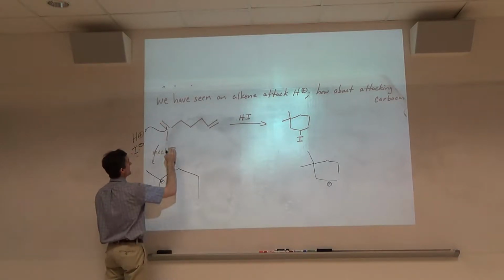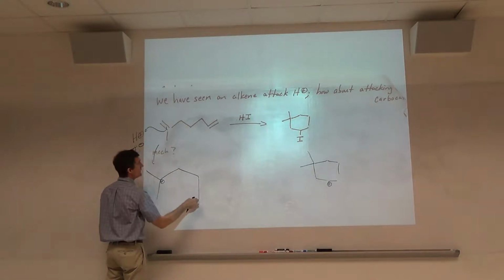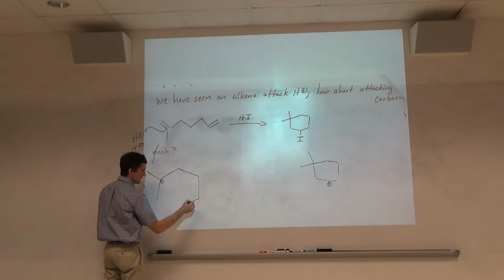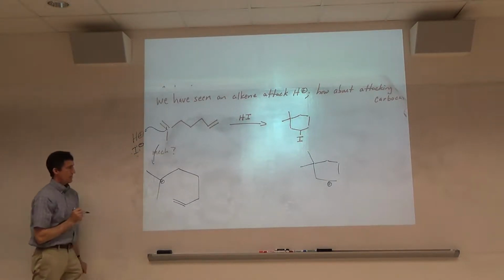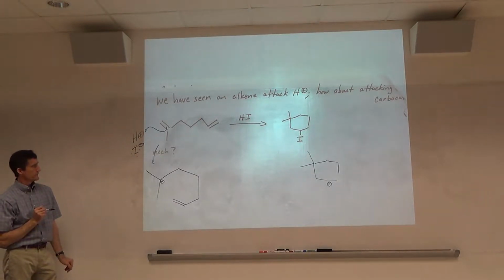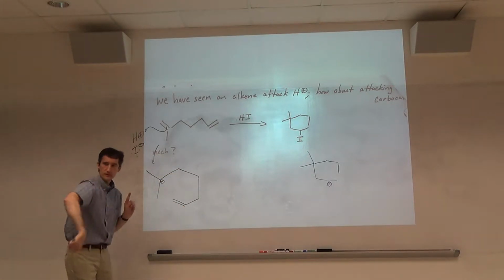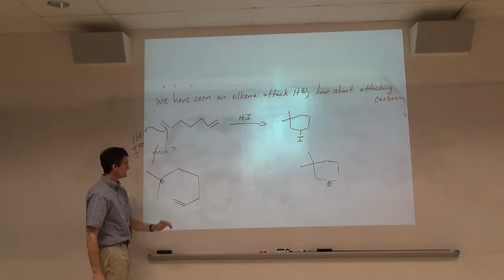Then we have three carbons, 1, 2, 3, and then the double bond. It's three plain carbons and then a double bond, so the double bond is here. I just drew a different conformation. I sort of switched that down a little bit.